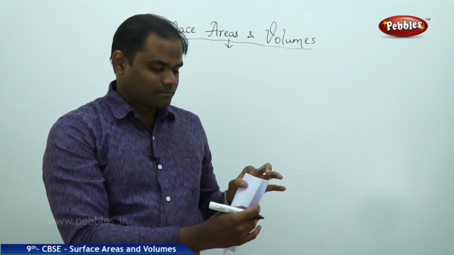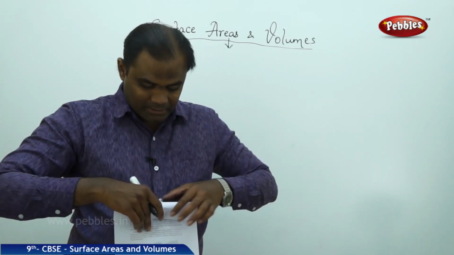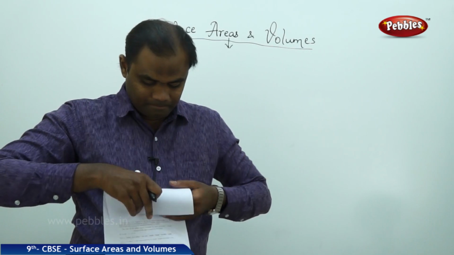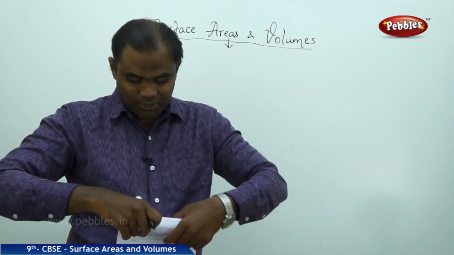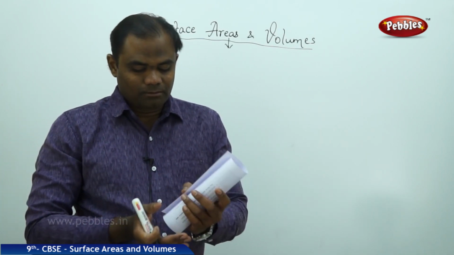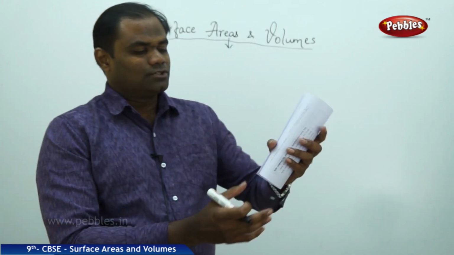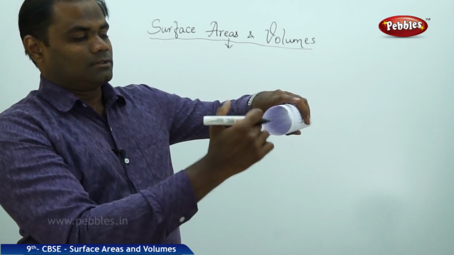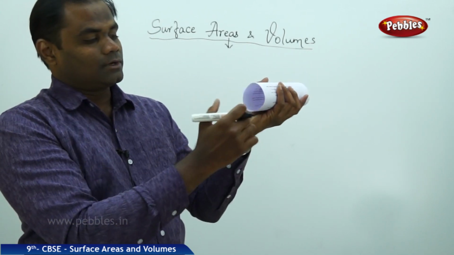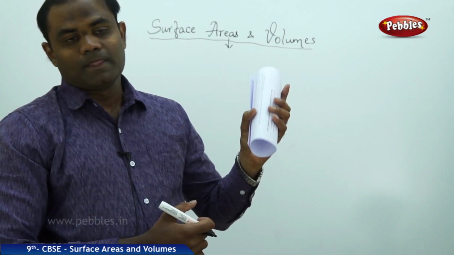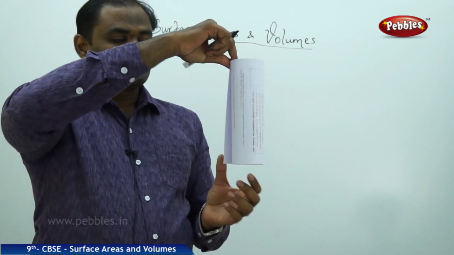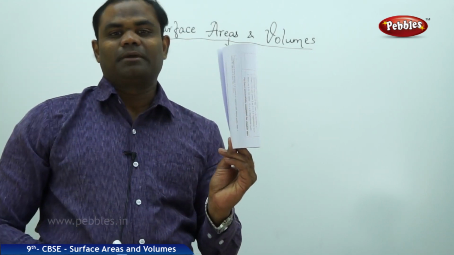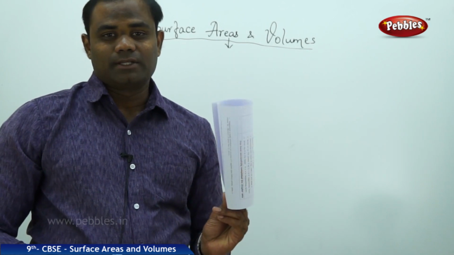If I just roll this out here, it forms a cylinder. We assume that this paper which is rolled forms a cylinder. Up here and down here, it's open. So a cylinder formed through a rectangular sheet of paper is what we're going to understand.